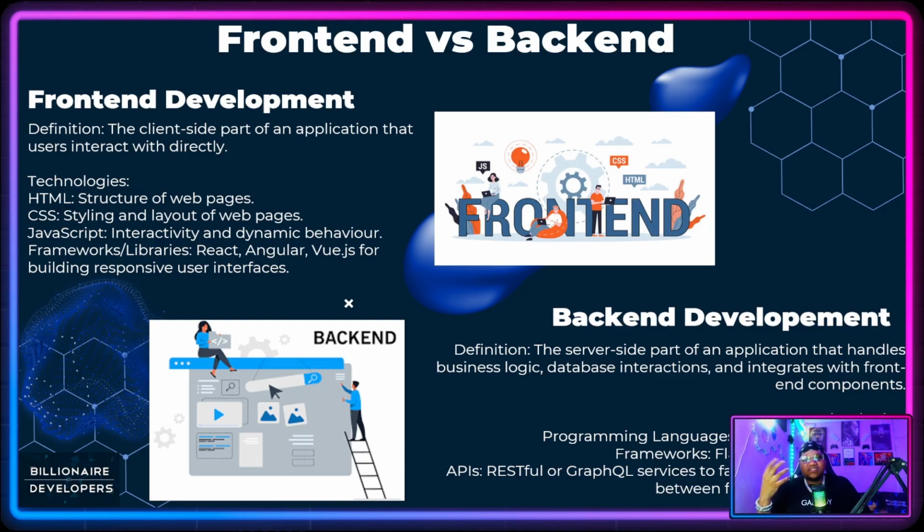This is comprised of three important things: HTML, CSS, and JavaScript. But we can take it even further by including a framework or a library such as React or Angular. HTML, first and foremost, structures the website. It puts everything in the correct places.